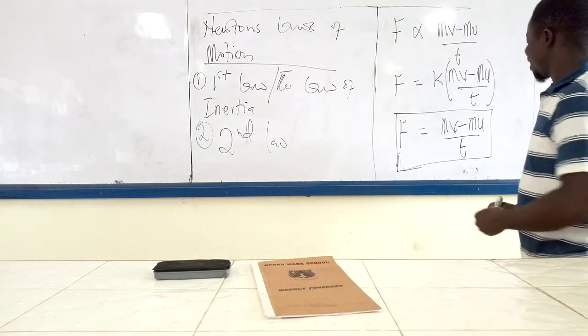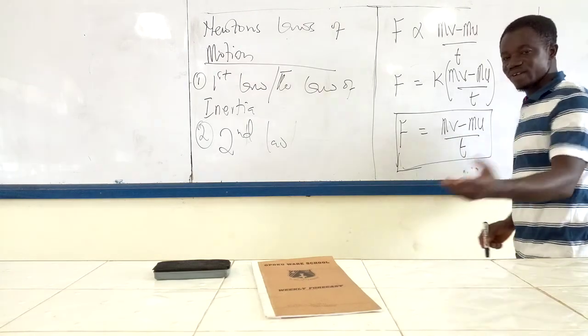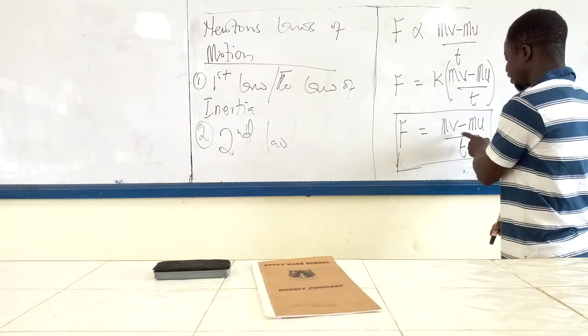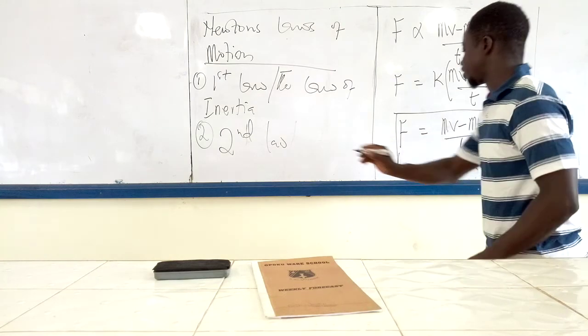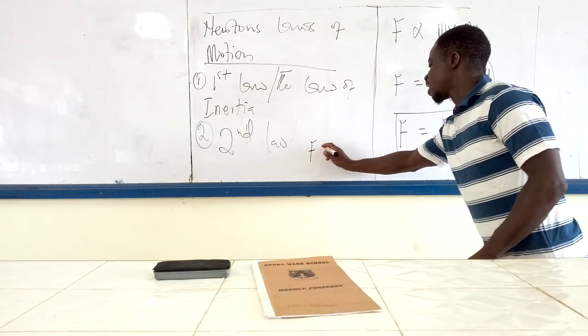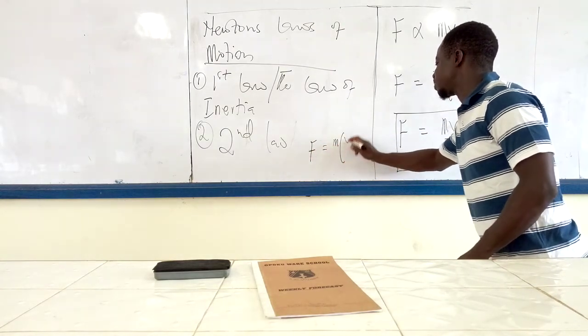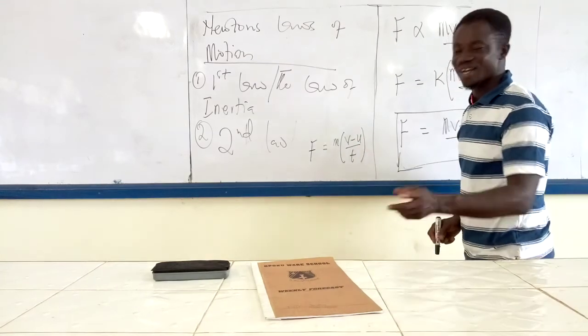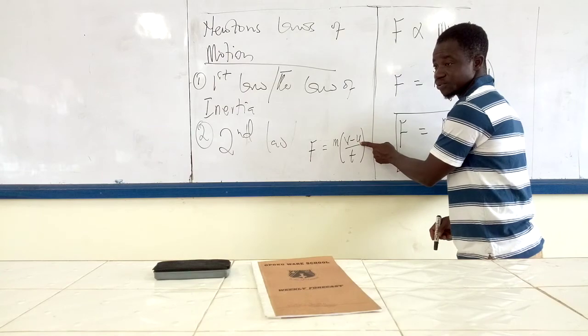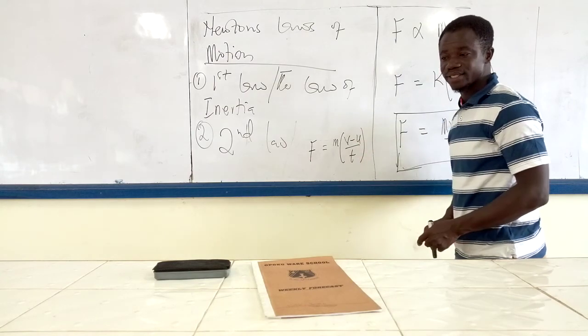We have dealt with linear motion, so we know this. Let us factorize m out. If we factorize m out of this equation, we get F is equal to m into bracket v minus u all over t. Look at this: v minus u all over t. That is acceleration, right? Yes.